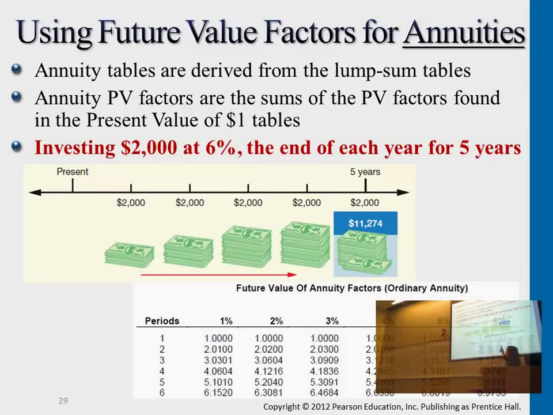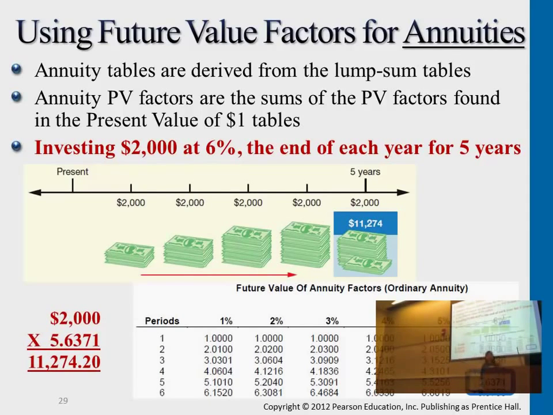So this part here, after the first year, you have 2,000. After the second year, you have 2,000 plus 2,000 multiplied by 6% interest. After the third year, you have 2,000 plus 2,000 multiplied by 6%, and then you multiply the whole thing by 6% again. Okay, so the table you're referring to here, after 5 years, again, 6% interest, you use this to calculate the future value.